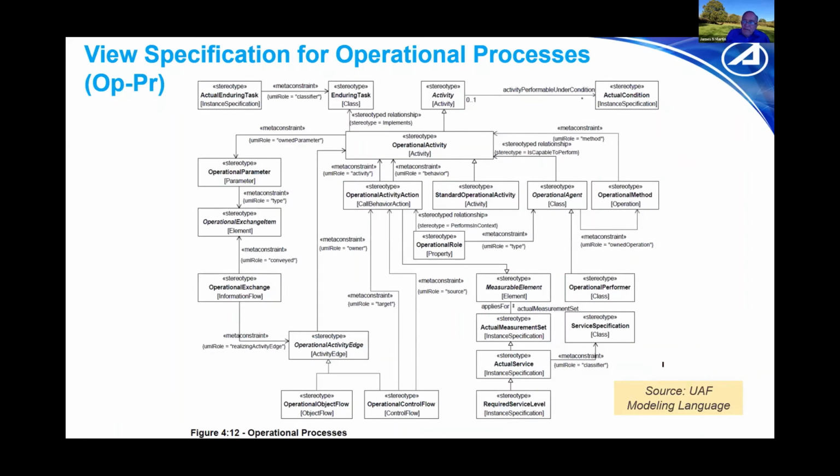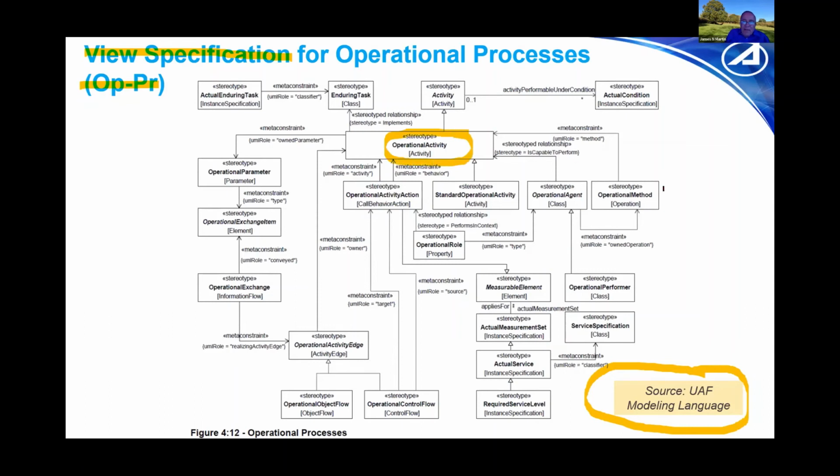Another component of the specification is the modeling language itself, which contains these view specifications. This example is the one for the operational process. You can see these are the stereotypes that relate to this particular view.